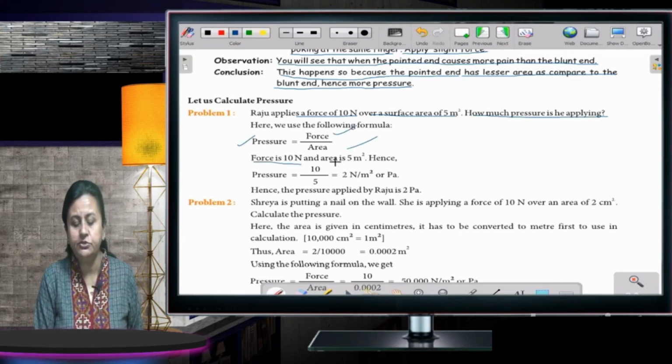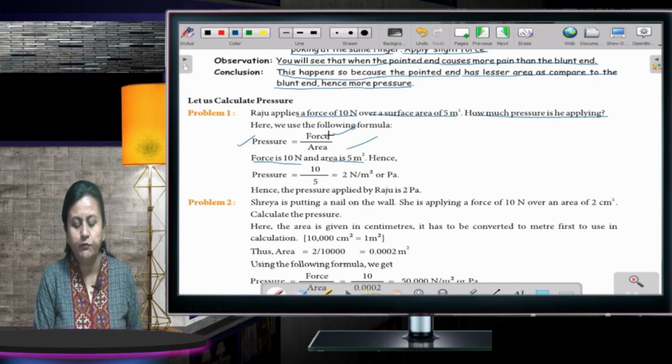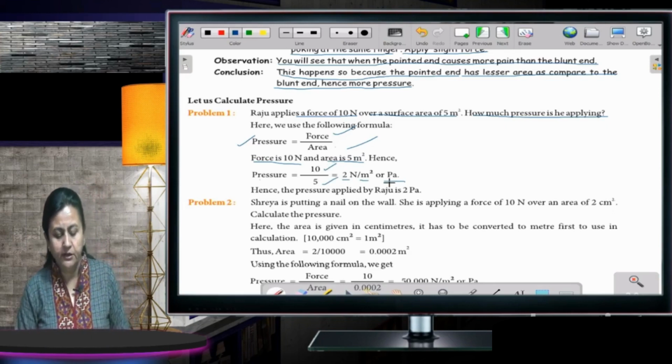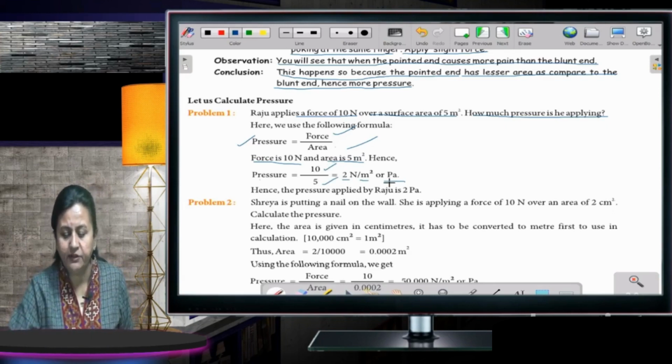Force is 10 Newton and area is 5 meter square. We put force, that is 10, and area, that is 5. 10 upon 5 comes to 2 Newton per meter square, or Pa, that is Pascal. These are very simple equations. You can just solve them on your own.